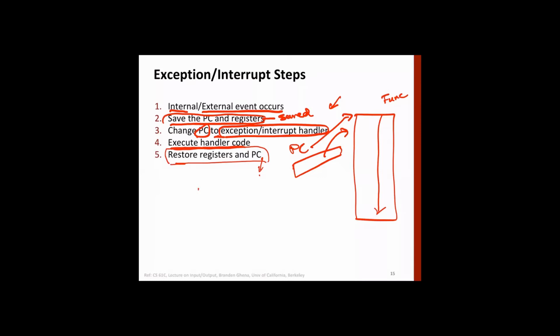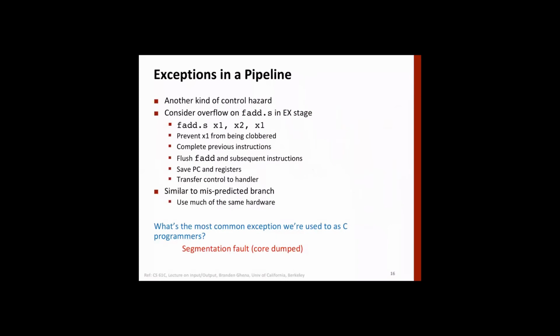Okay, now an exception can happen in the pipeline also. For example, there can be overflow because of floating point addition. Okay, and if such an exception happens in the pipeline, then there is a need to clean up the pipeline. Okay, and so the interrupt handler, or exception handler, will do all that.